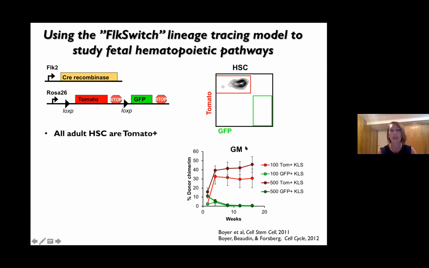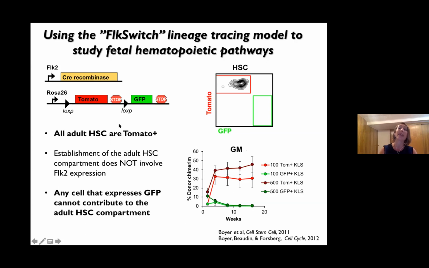The fact that all adult HSCs are tomato means that establishment of the adult HSC compartment does not at any time point during development involve FLT3 expression. The reverse corollary of that is that any cell that expresses GFP during development cannot contribute to the adult HSC compartment, because a GFP positive cell cannot give rise to a red cell.